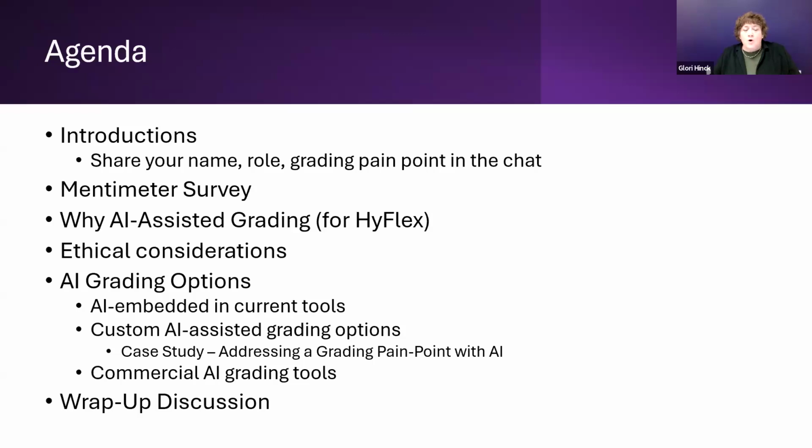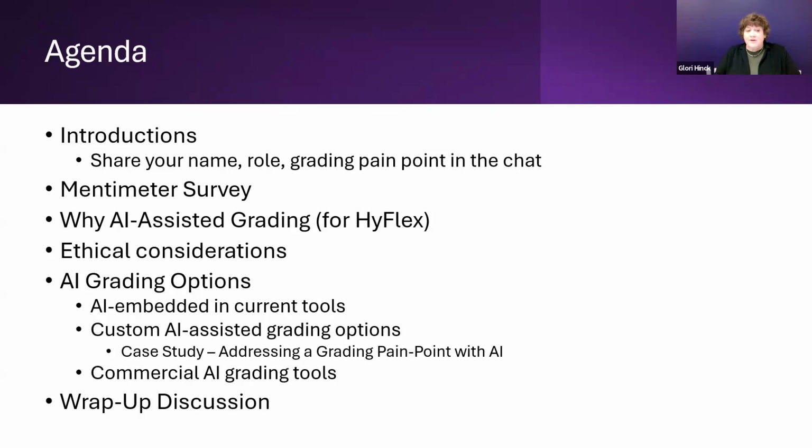So, brief agenda. If you could, in the chat, introduce yourself with your name, your role, and what's one grading pain point you have, whether it's related to HyFlex or other. And I'm going to show you one of my grading pain points in a bit here. We already did the Mentimeter survey. We're going to talk a little bit about why AI-assisted grading, specifically for HyFlex.